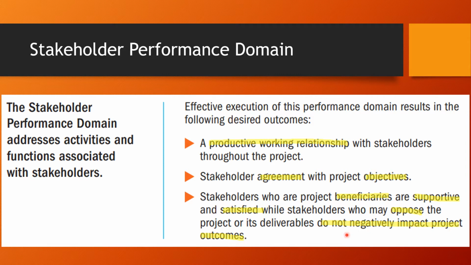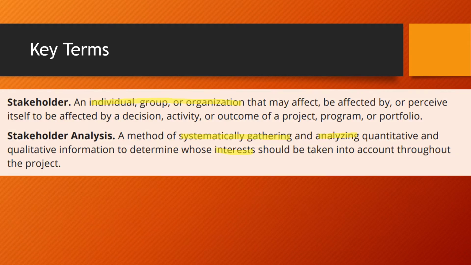So we need to ensure that in a multi-vendor setup, other vendors do not negatively impact your project outcomes, right? So these are the desired outcomes to ensure effective execution of the stakeholder performance domain. These are the 3 means of evaluating your stakeholder performance domain, right?